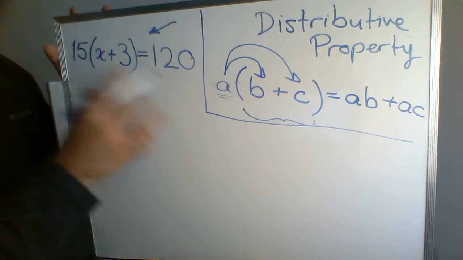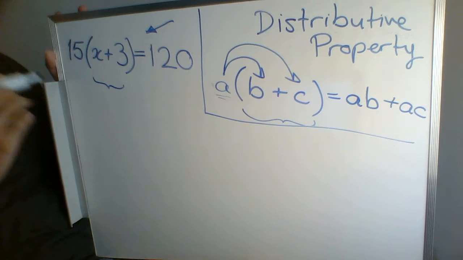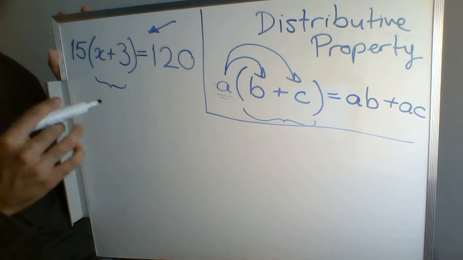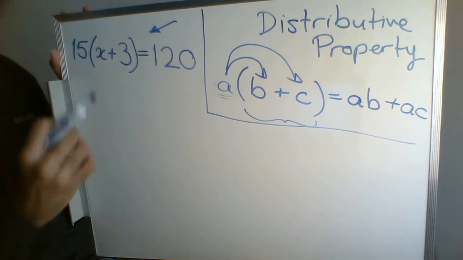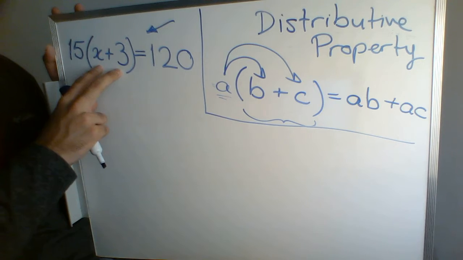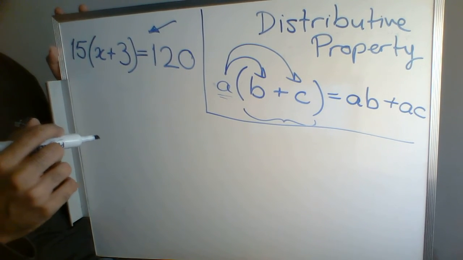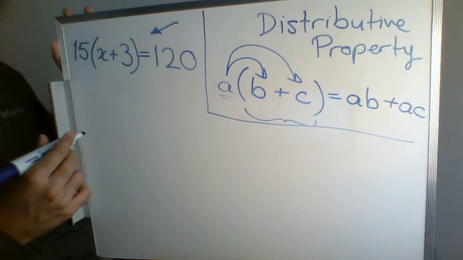But for this one, we know the answer, and the thing with these brackets here is that we can't add 3 and x together. That's the difference between the problems we're doing now and the problems we were doing before. If these two things could simply be added together, then great, no problem. We might as well just solve them that way. But since we can't do that, we have to use the distributive property.